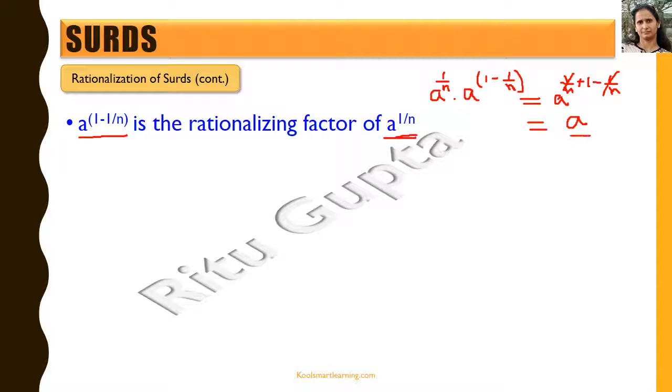So this is a rational number, because by definition the surd is nth root of a rational number. So a is definitely a rational number, and this is how we are able to rationalize a raised to power 1 by n. So a raised to power 1 minus 1 by n is a rationalizing factor or a conjugate of a raised to power 1 by n.